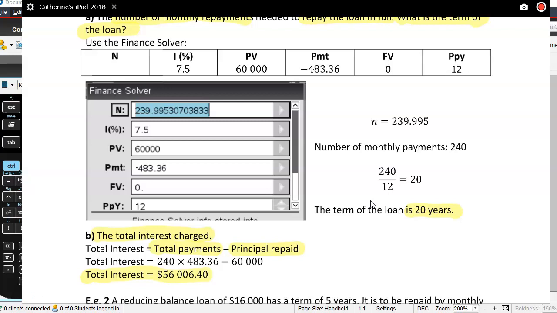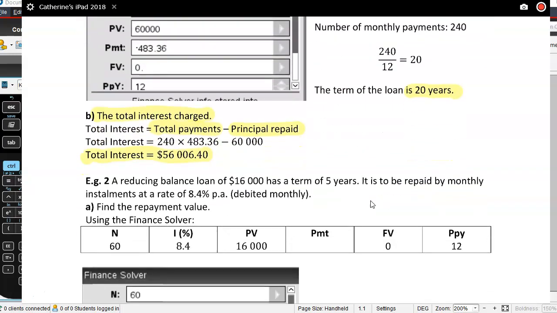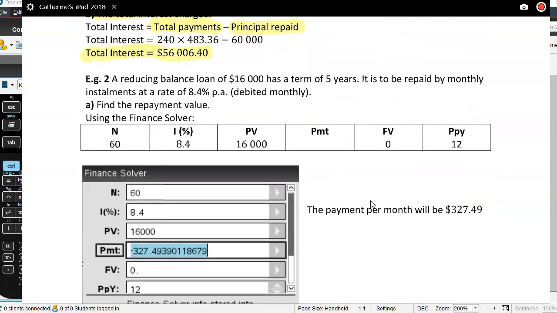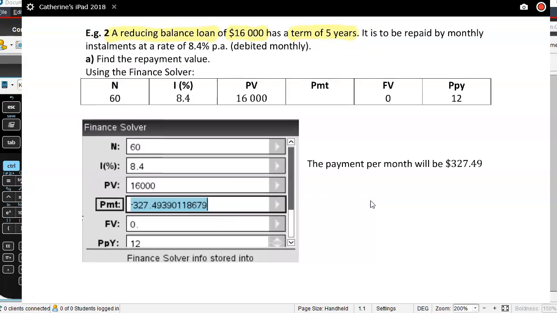Okay, let's look at another example. A reducing balance loan of $16,000 has a term of 5 years, so the loan is going to last for 5 years. It is to be repaid by monthly instalments at a rate of 8.4% per annum, debited monthly or compounding monthly. Find the repayment value.